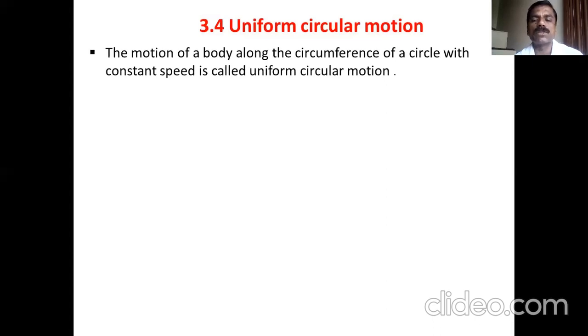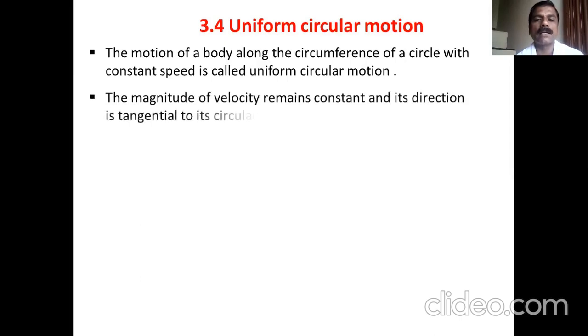Uniform circular motion is the special case of circular motion, that is, the motion of a body along the circumference of a circle with constant speed. So it is called uniform circular motion.